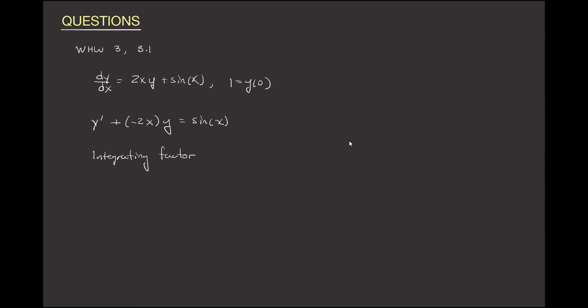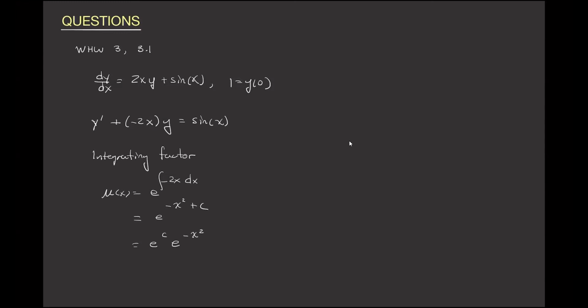Once you do that, you'll come up with a mu of e to the, let's see, it's going to be e to the integral of negative 2x dx, which is e to the negative x squared plus c, e to the c, e to the negative x squared.